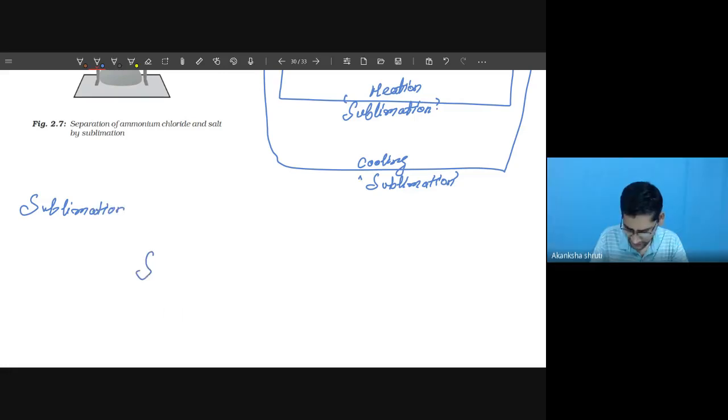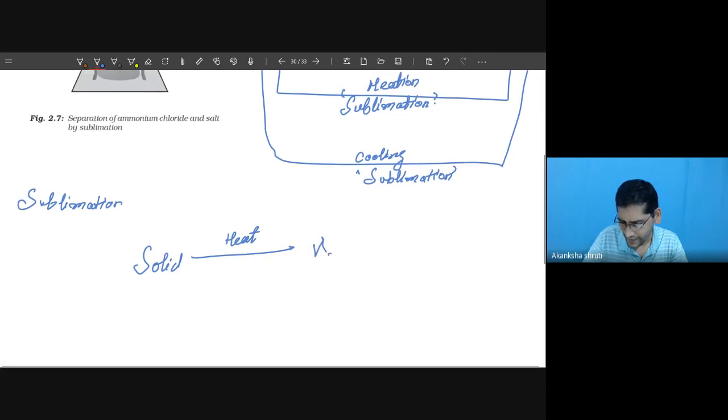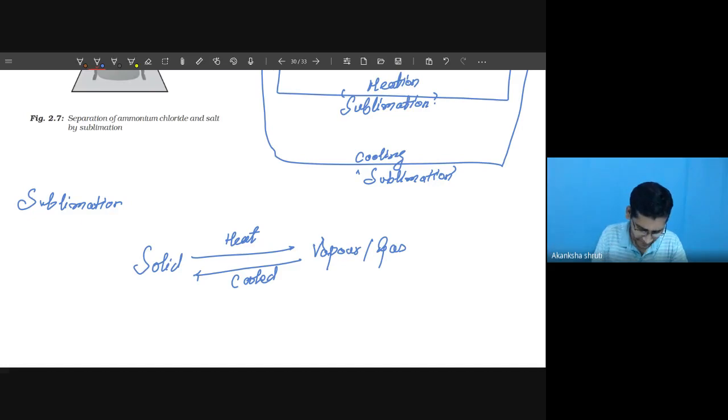A solid when heated is converted into gas or vapor, and if it is cooled, then this gas or vapor will condense back into solid. This is the process of sublimation.